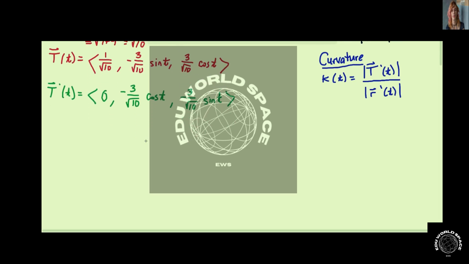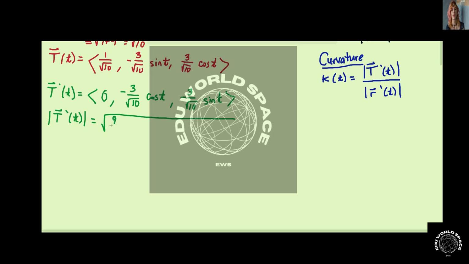So there's our derivative of the tangent vector, and now we need to find its magnitude. So again, we'll just square the components and add them together and take the square root. So 0 squared is 0. I'm not going to bother writing that. We'll square negative 3 over root 10.